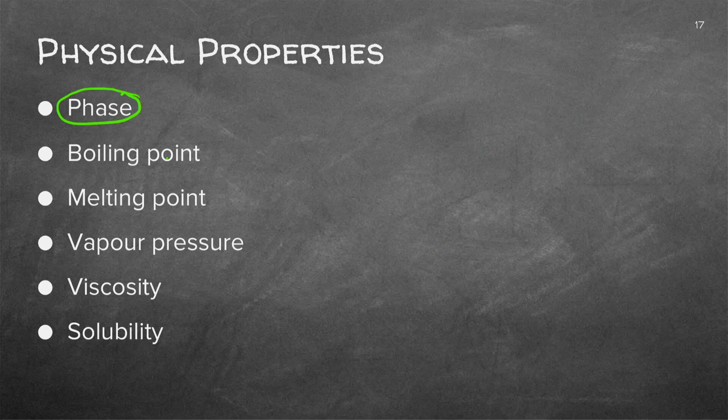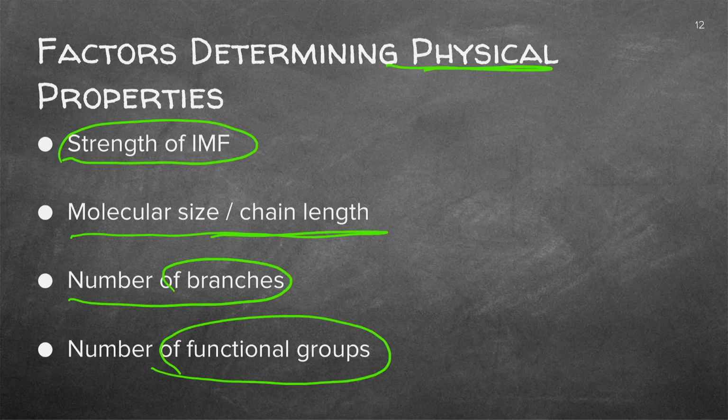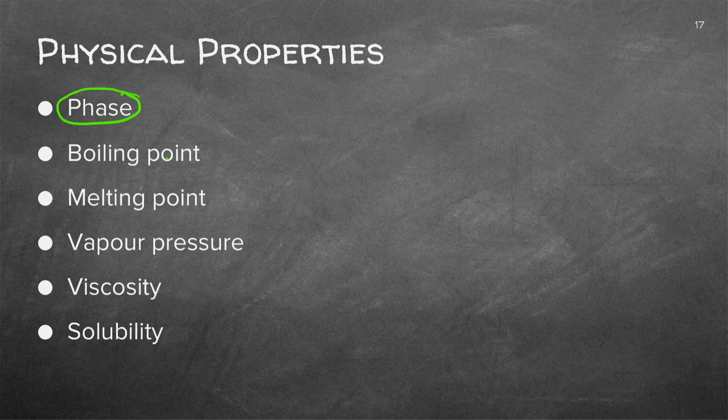I'm going to go back to the slide where we named the 3. The strength, you've got to know. The size or the length, the molecular size, which is the mass, then the branches, and then the number of functional groups. Now, the physical properties will be, is it a gas? Is it a liquid? Is it a solid?